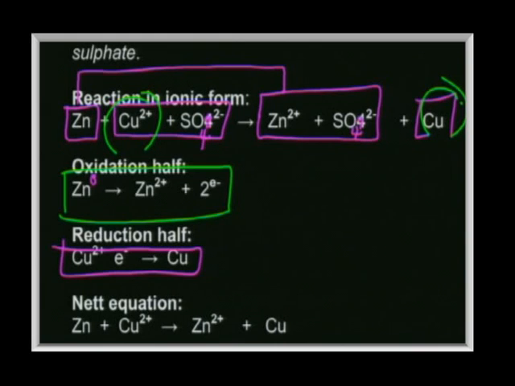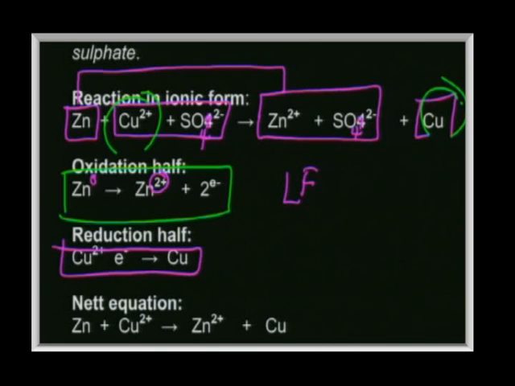It has gone from a 0 charge over here to a +2 charge on this side. That tells us that electrons were lost. Remember that the loss of electrons is your oxidation half reaction. On this side, just so that you guys can all see, your copper has gone from a +2 charge, whereby it gained electrons and it turned into copper with a 0 oxidation number.